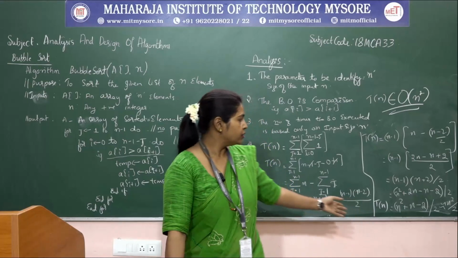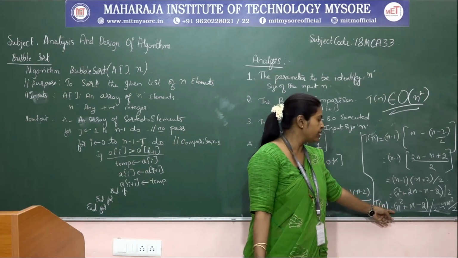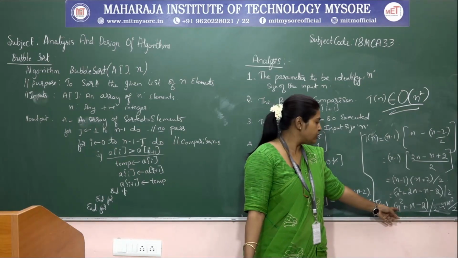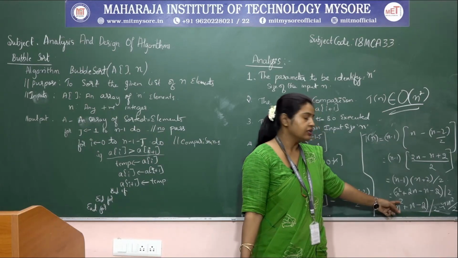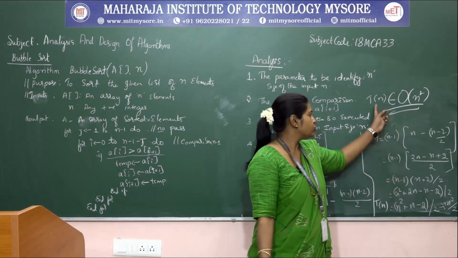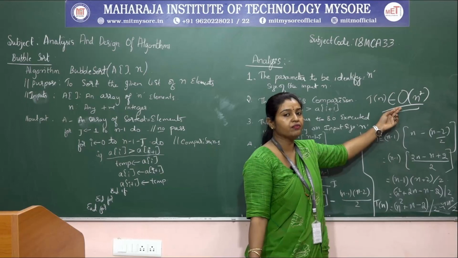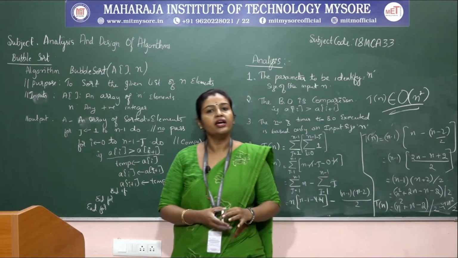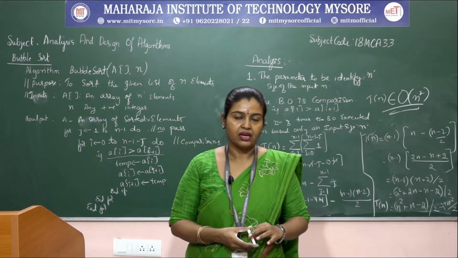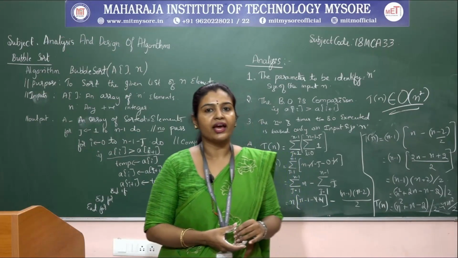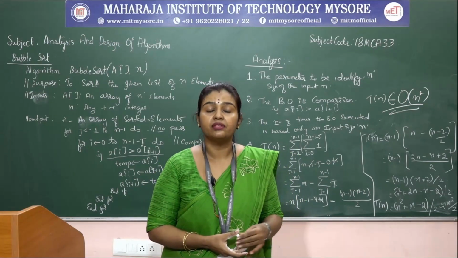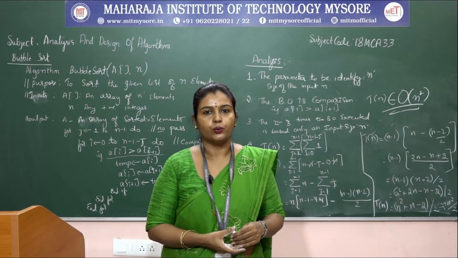So here the highest order term will be considered as the order of growth. The highest order degree of this equation is 2, that is n square. So our time efficiency of this algorithm is n square times. So this is how we can calculate the number of times the basic operation is executed.